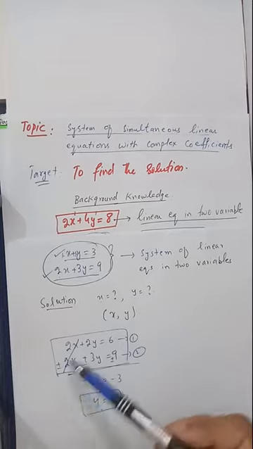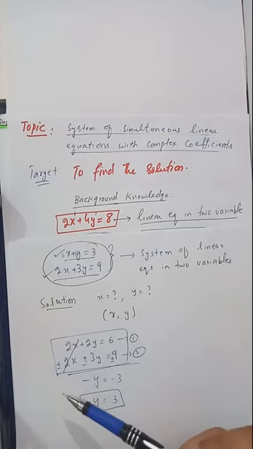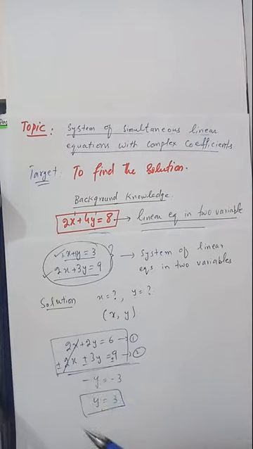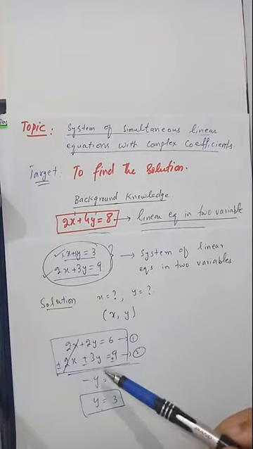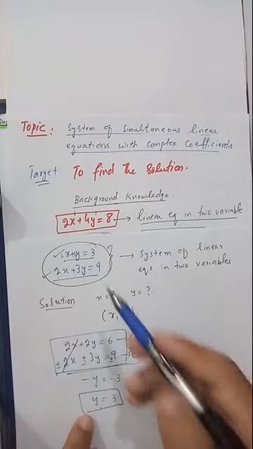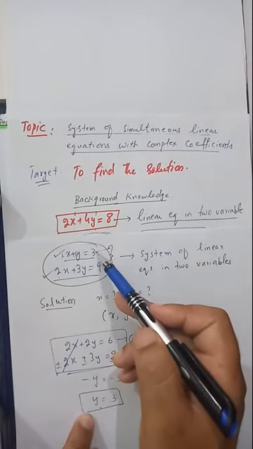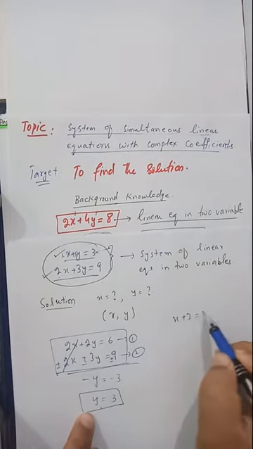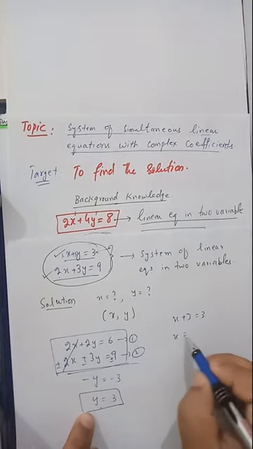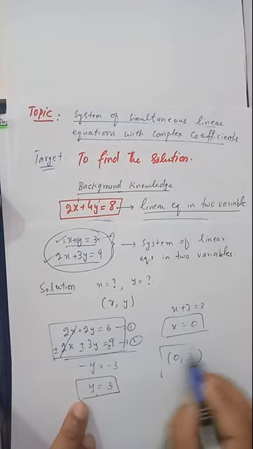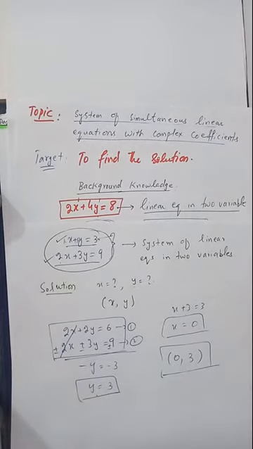You clearly see that I eliminate x by equating the coefficient of one of the variables, and then you get the value of the other variable, and that value is substituted in one of the equations to get the value of x. Let's say I put this value here. So x plus 3 equal to 3, which means that x is equal to 0. So now (0, 3) is the solution for this system.